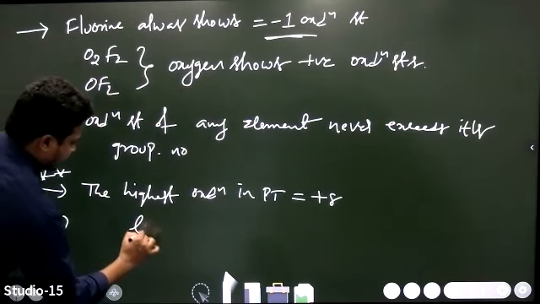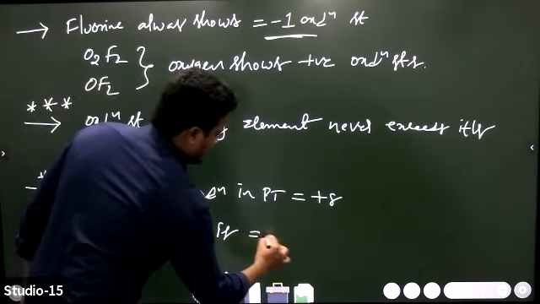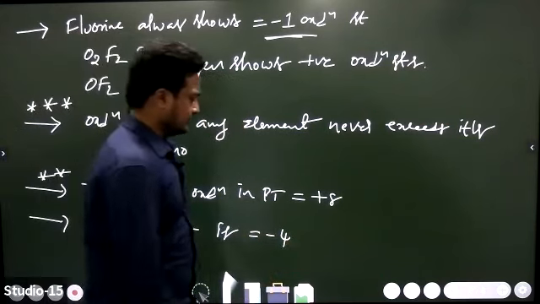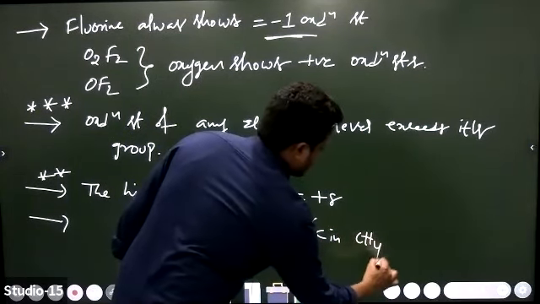And the lowest oxidation number in the entire periodic table is -4, which is shown by carbon, as in CH4.